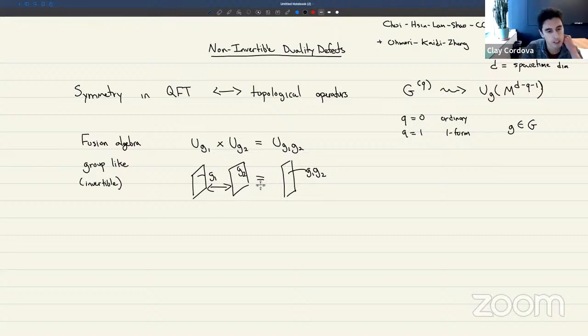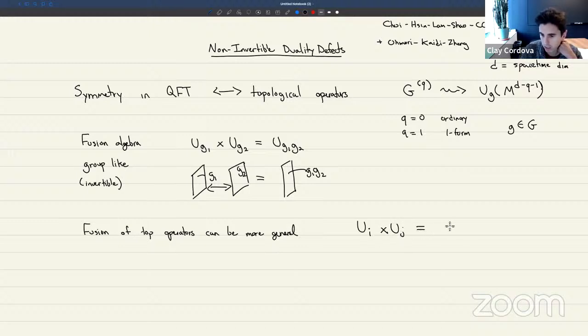Now, of course, if you have studied topological field theory, you know that the fusion of topological operators can be more general. So in general, we could have something like U_I times U_J, where I and J are some abstract indices here, is some sum over other topological operators, U_K. Now, what could be in the sum? So first of all, it could have more than one term.